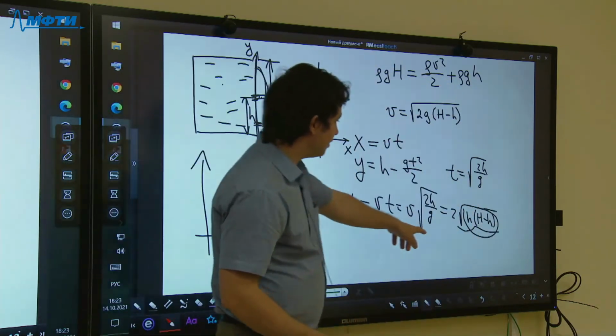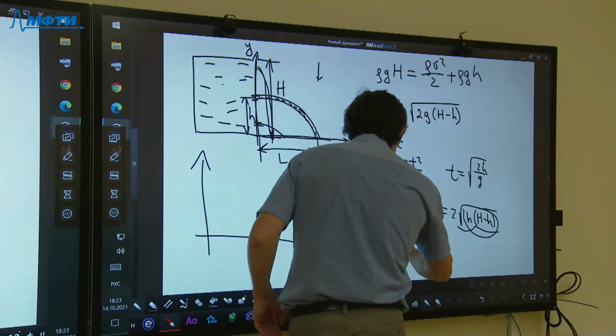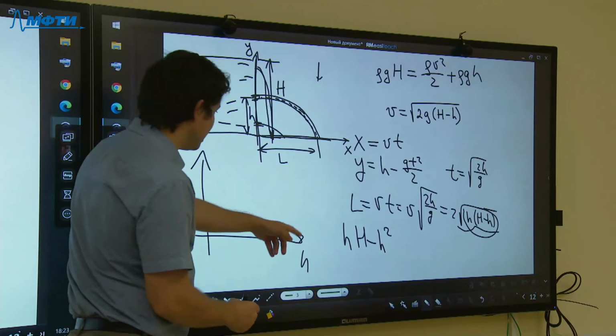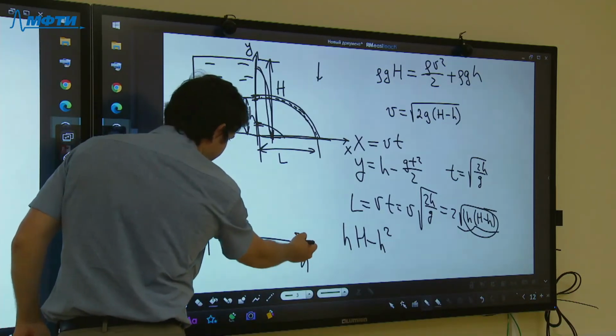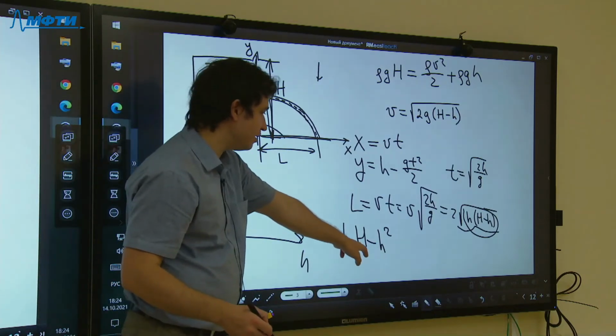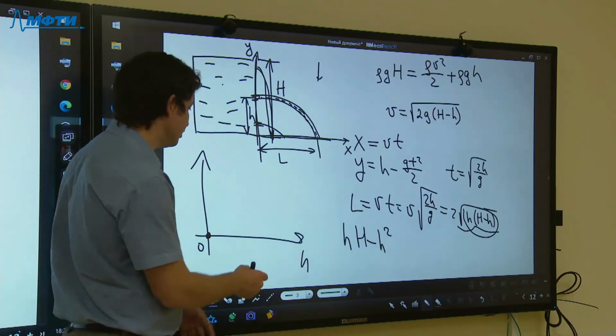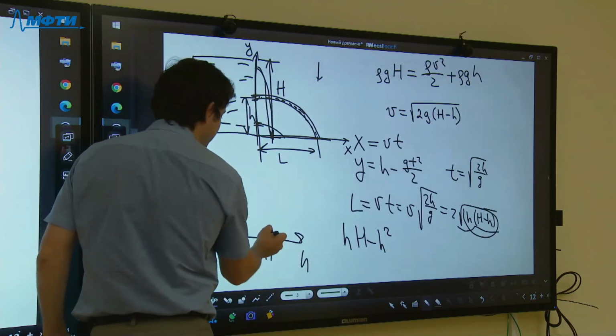Since I have h minus h squared, that means that my parabola crosses this horizontal axis at h equal to 0. So if I take h equal to 0, that would give me 0. And if I take h equal to capital H, that would give me 0 too.